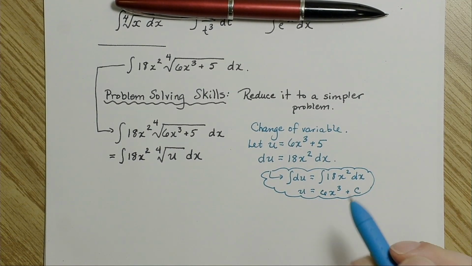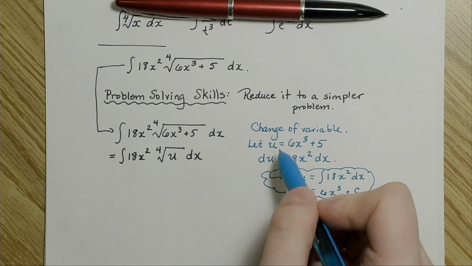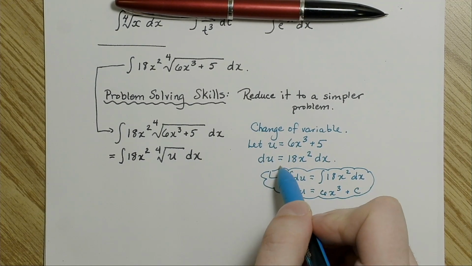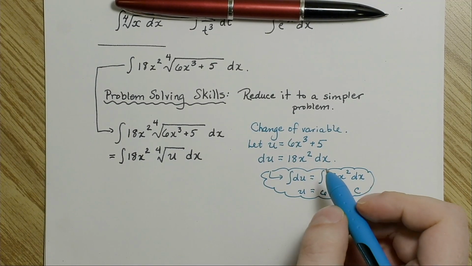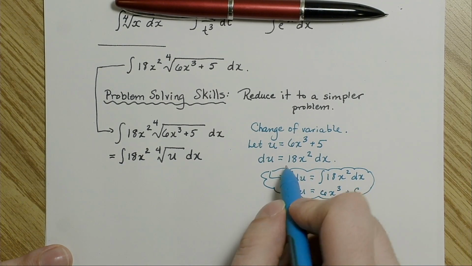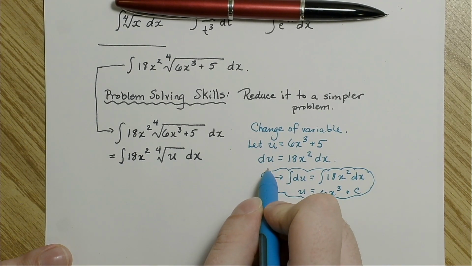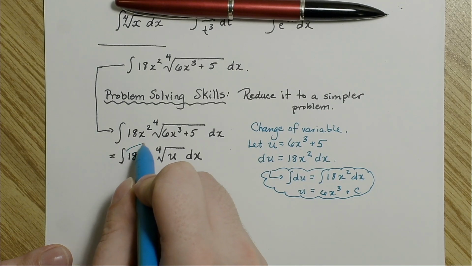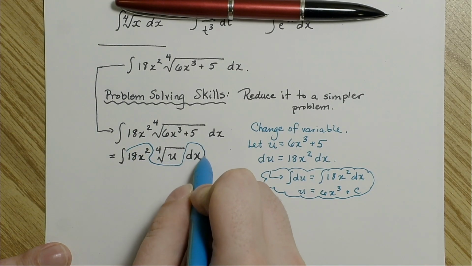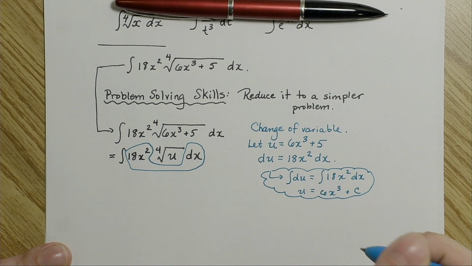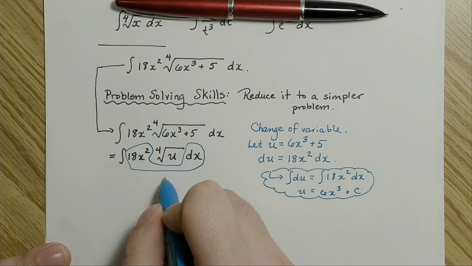Now you're thinking, okay, I've written everything now. There's u and there's du. What can I do with this du? I look at this part right here, 18x squared dx. That is equal to du.